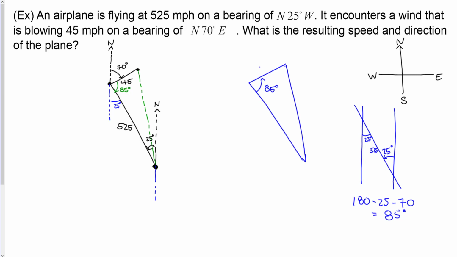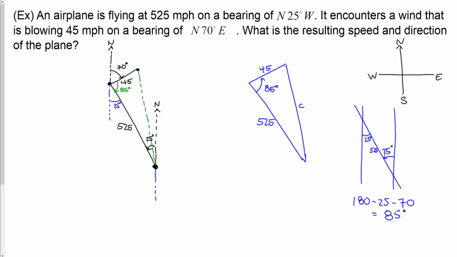I know this side length up here is 45, and this side length down here is 525. So I have the side-angle-side case, which I can solve with the law of cosines. And that's going to tell me what this right here is. So that's going to be my resultant speed. That is extremely helpful. That's pointing us in the right direction.